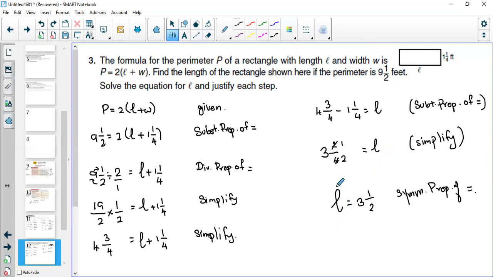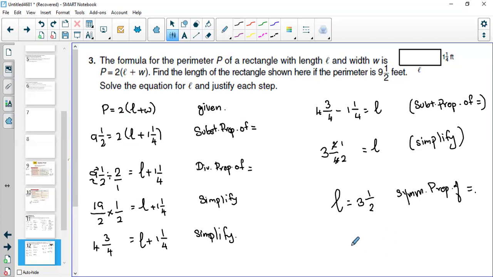Now there is also another method to do this. You have to multiply 2 with L and 2 with 1/4, and then say it's distributive property, but I felt that way is going to be a bit longer, so this is the easiest way you could solve this question.